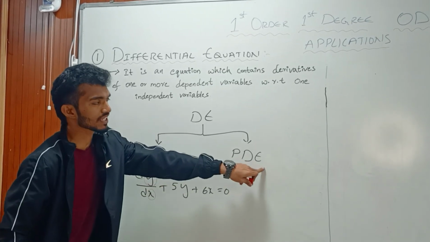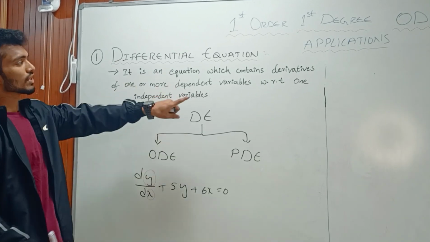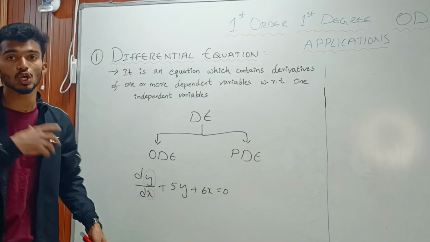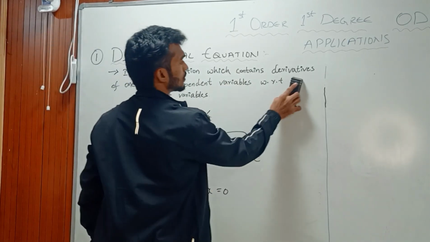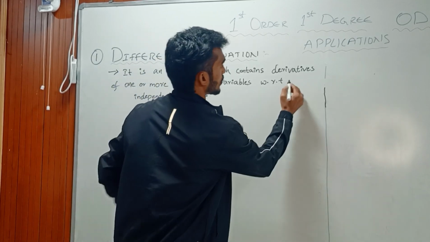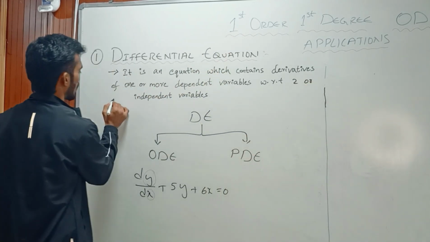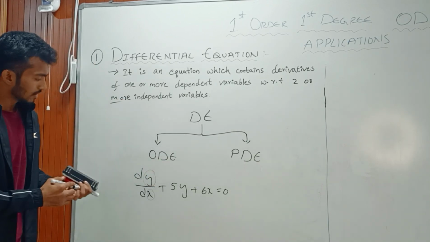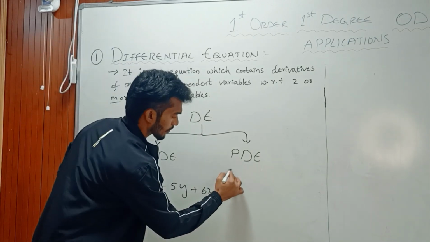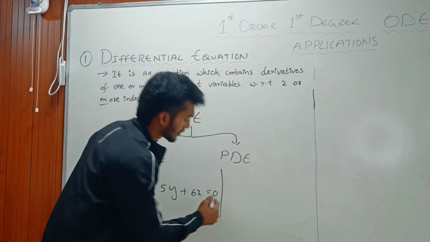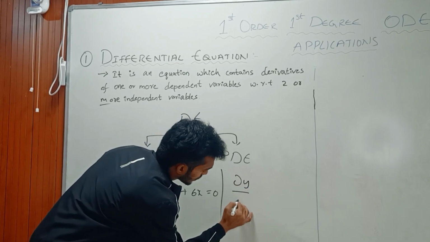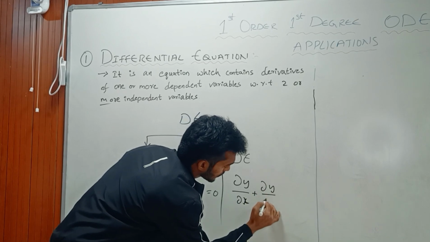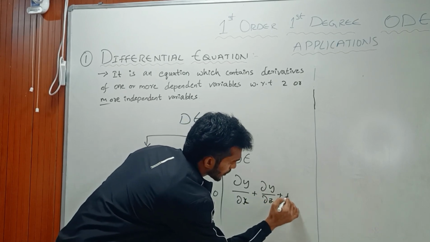But coming to partial differential equations, here it is an equation which contains the derivatives of one or more dependent variables with respect to two or more independent variables. Let me give an example for it: dou y by dou x plus dou y by dou z plus y equal to 0.